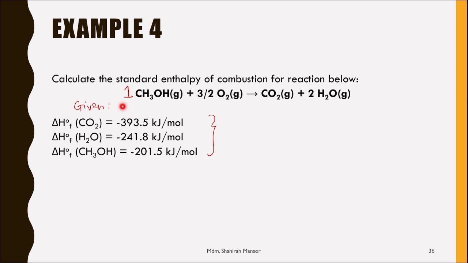Again, since you've been given the enthalpy of formation values for all substances here, in order to find the enthalpy of this specific reaction, which is combustion, you can still use the summation formula. But in this question, you are not given the standard enthalpy of formation value for oxygen. Since oxygen naturally exists in nature, the value of delta H naught f for oxygen will be 0.